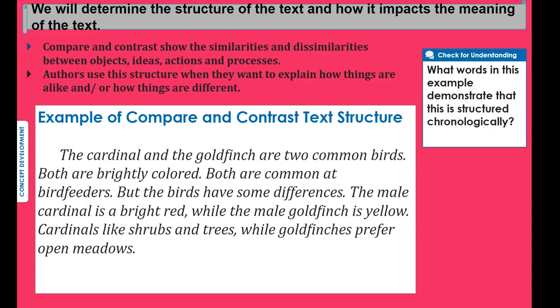Something else you should know, you might want to take this down, is that a text as a whole can be in chronological order, but you may have a paragraph that is comparing and contrasting. So you need to make sure that you can identify the whole and also the excerpt, the small pieces.